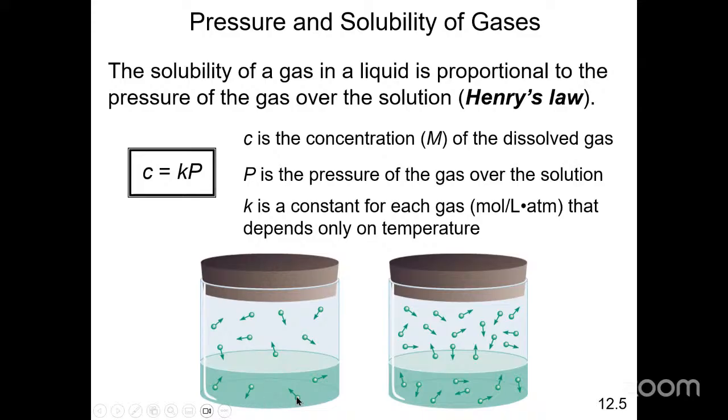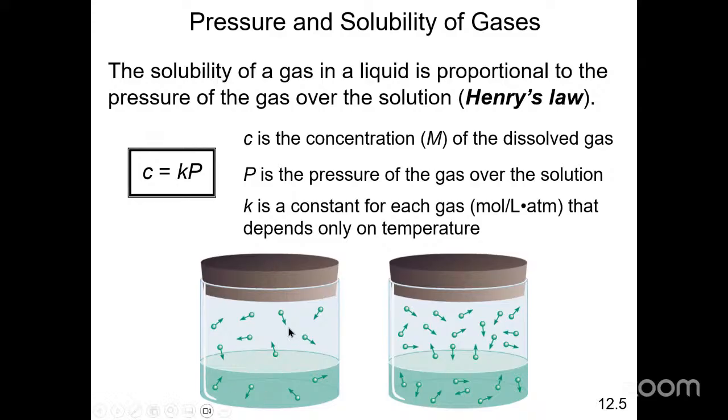Some gas molecules will escape into this region here, other gas molecules will enter the liquid, so you have an equilibrium. We're going to talk about equilibrium later on in this course, and you're going to see how the equilibrium process maintains a constant amount of gas particles here and here.